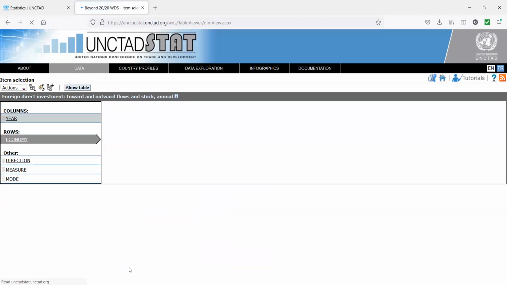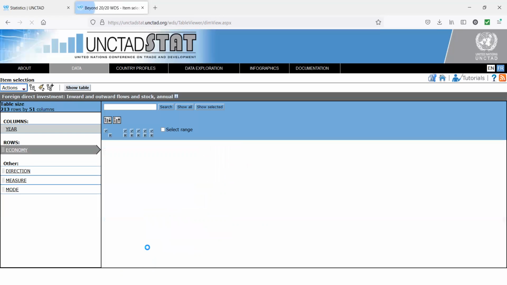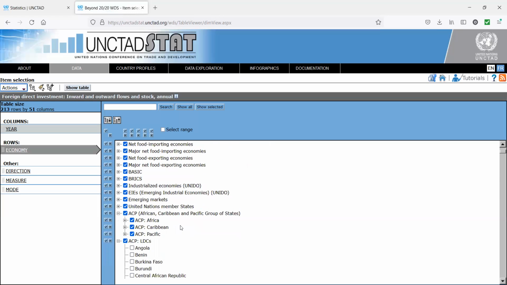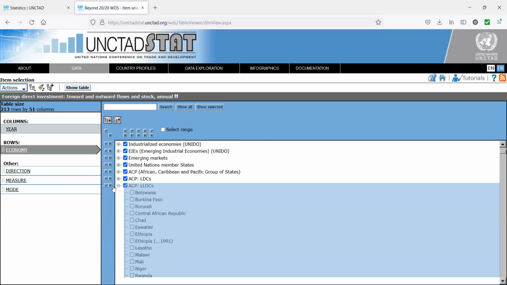And you have United Nations member states, and you have the Africa, Caribbean, and Pacific group of states. Again, Africa, Caribbean, Pacific group of states in relation to least developed countries.